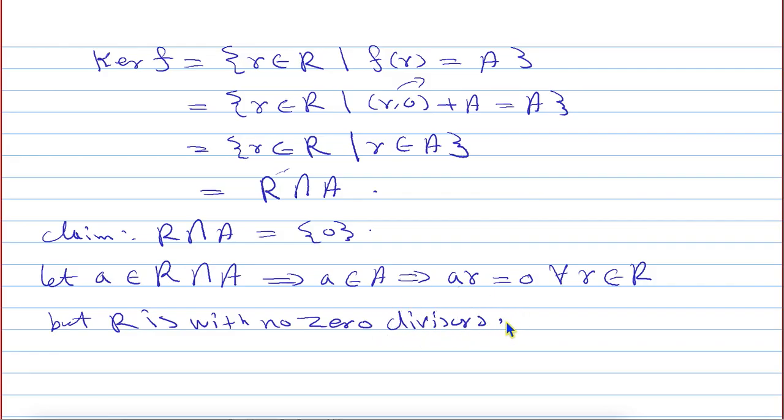So this implies that a must be 0. So this shows that R intersection A is only 0, which means F is injective.